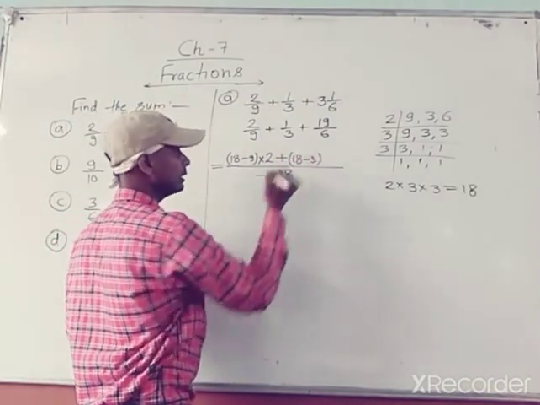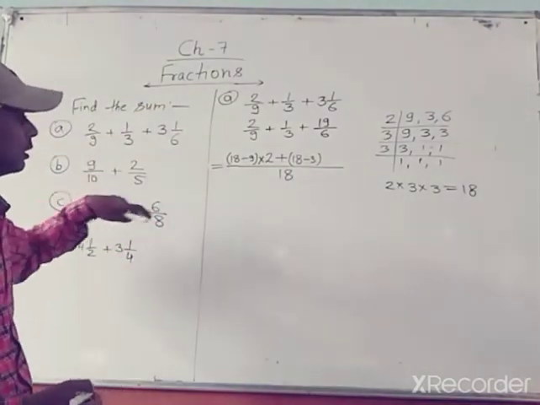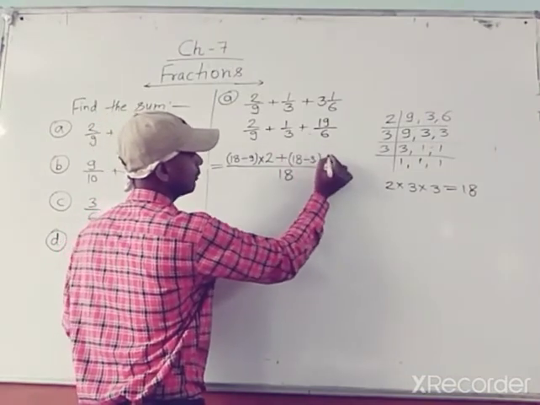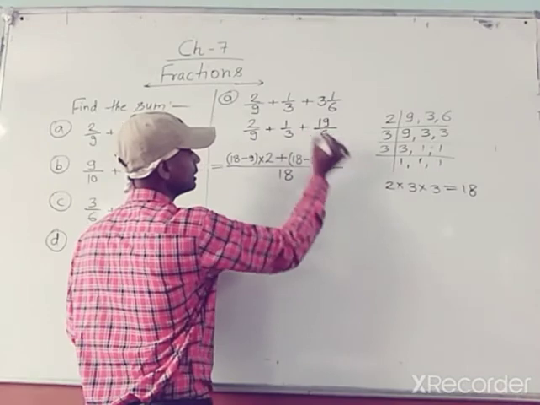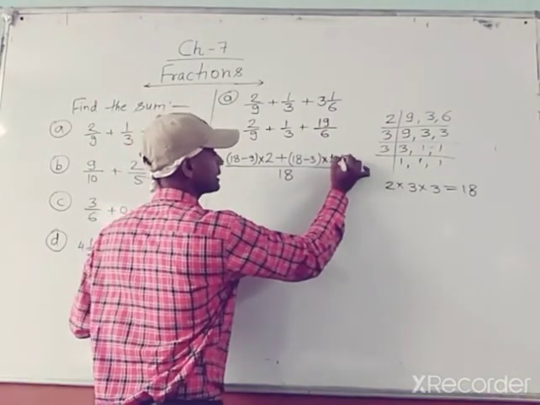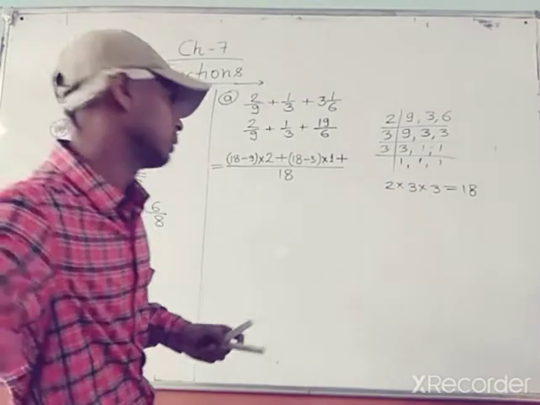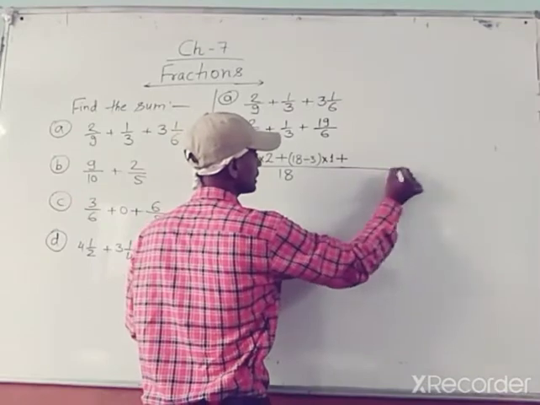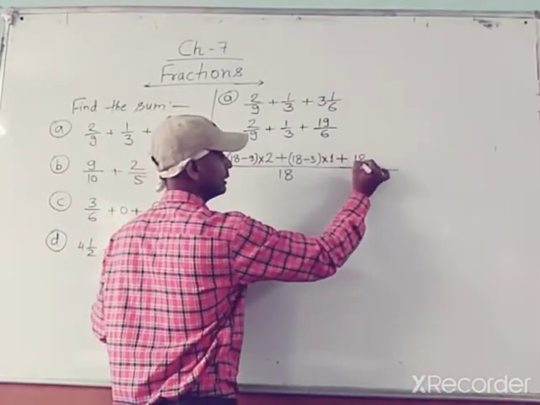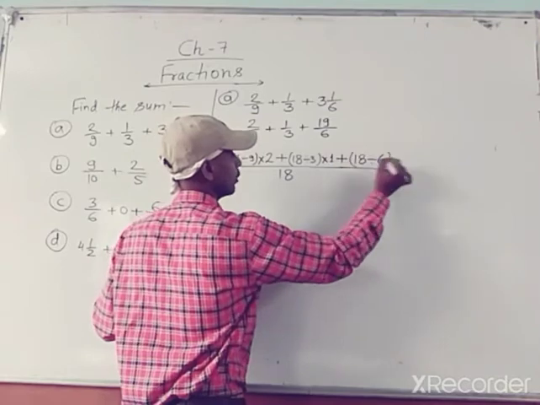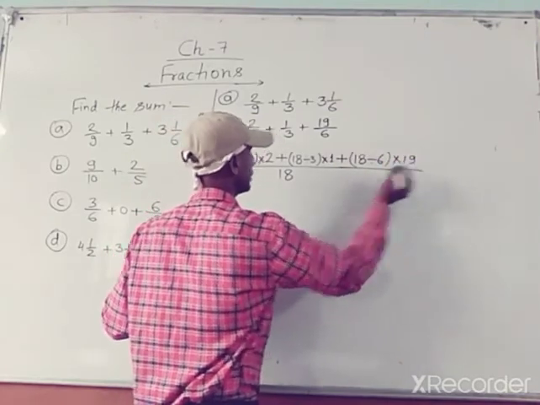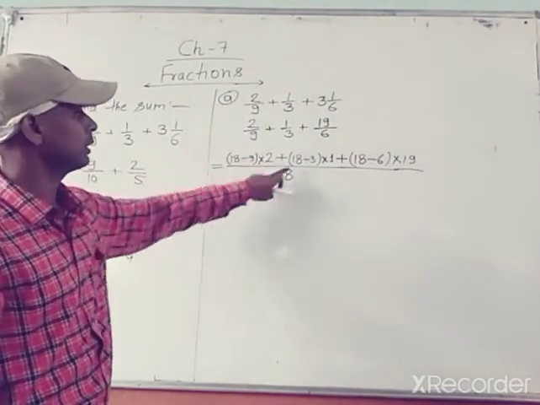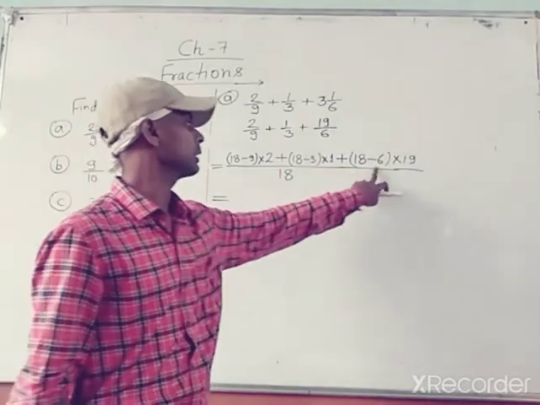You can do it directly, we will do that in the next question, but right now step by step. 18 by 3 and whatever you get, multiply into the numerator 1, plus the next term 19 by 6. So divide 18 by 6 and whatever you get, multiply into 19. Easy.